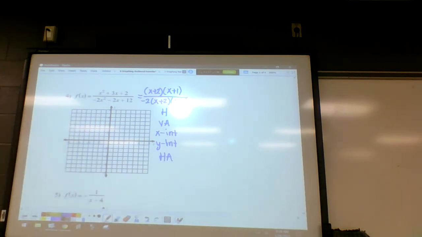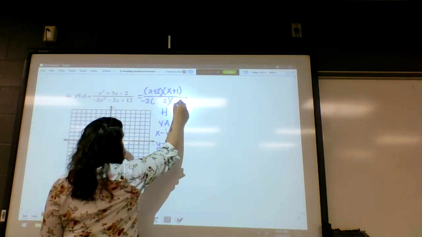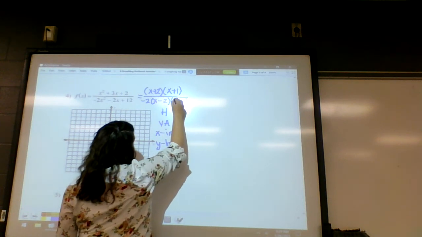How does my factoring look? Is that okay? Did it in my head. Did I mess up some signs, or am I good? No, you're good. You have +2, -3 on the bottom. I know, I have +3, -2. Yes, -2, +3. All right. I had a feeling I messed those up.